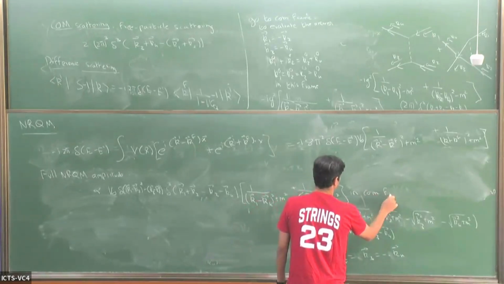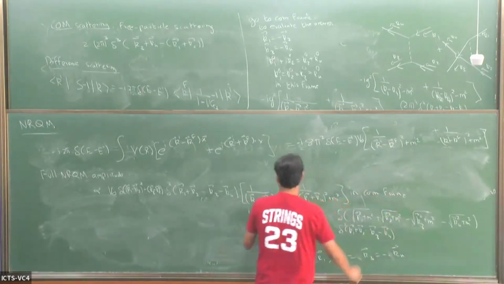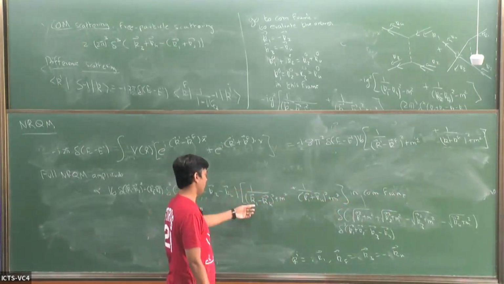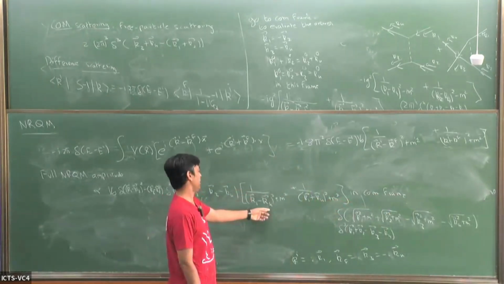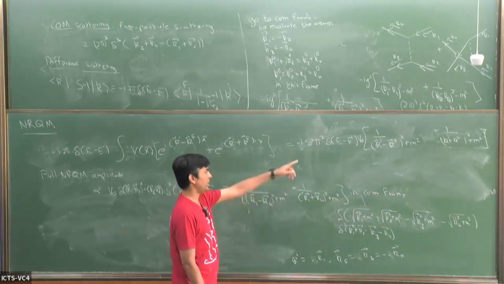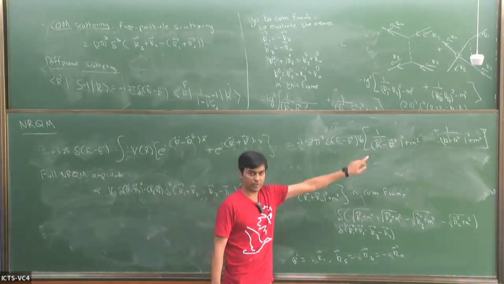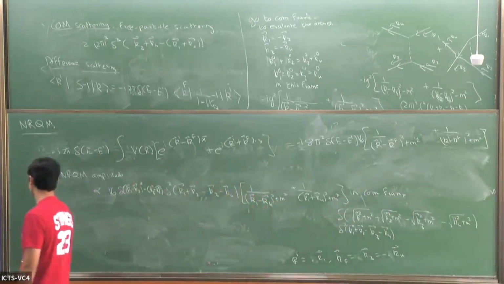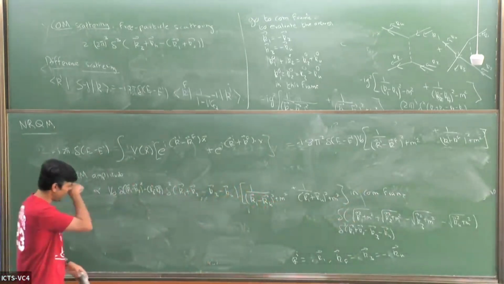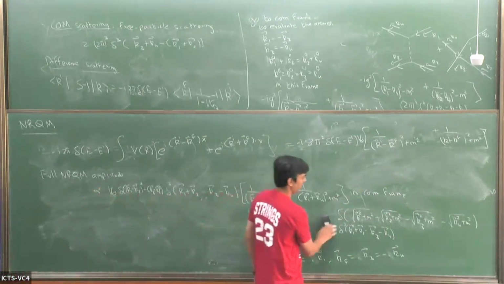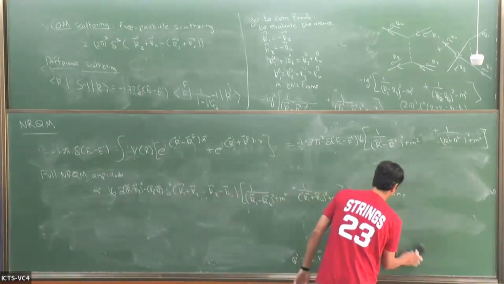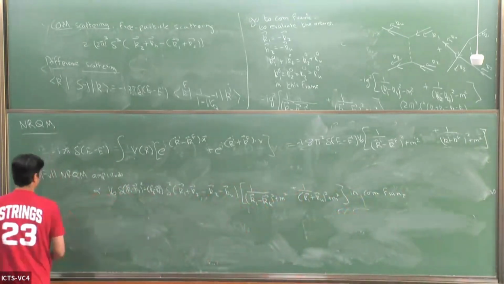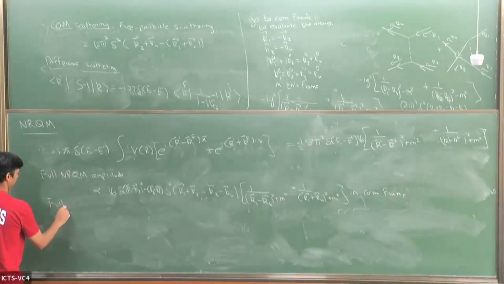Actually, the full non-relativistic amplitude looks slightly different. It looks like (K1 minus K2 minus K3 minus K4) by 2, and the other one Ki minus Kf. But in the center of mass frame, it looks like this. And the full relativistic amplitude, I've put a proportionality sign because by now we've dropped a lot of factors inside this delta function, and I've given a full QFT amplitude.